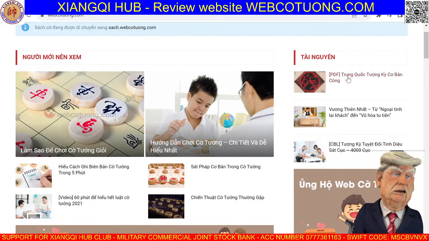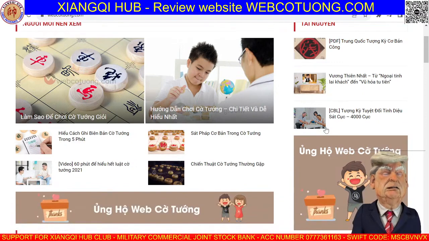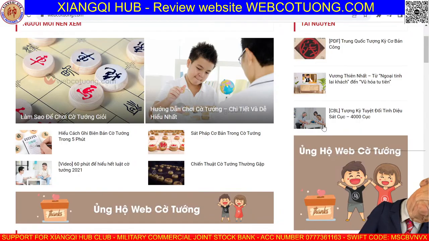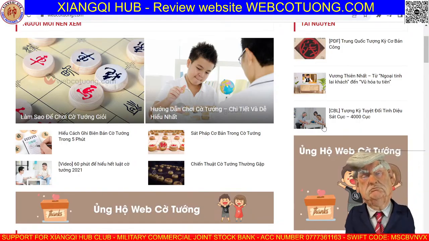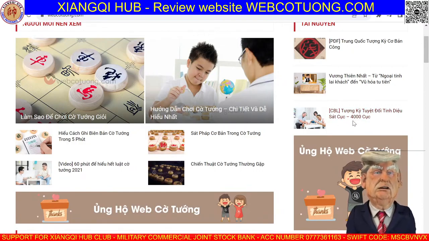I think this is a book about Chinese chess, and some articles, and some CPL files, which is the basic database file for Chinese chess. It's about 4,000 endgames.